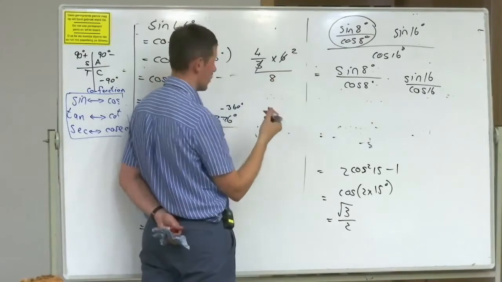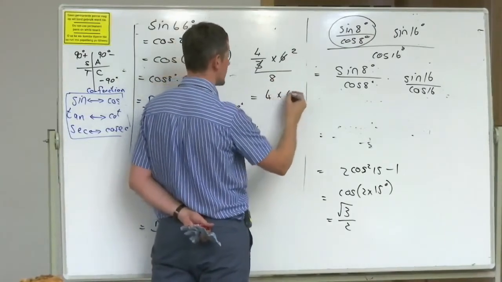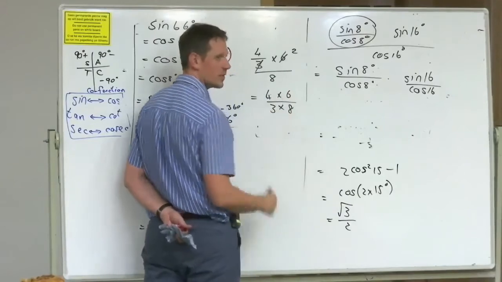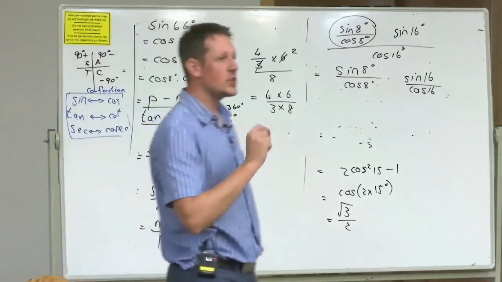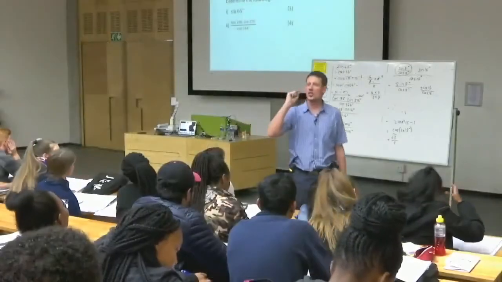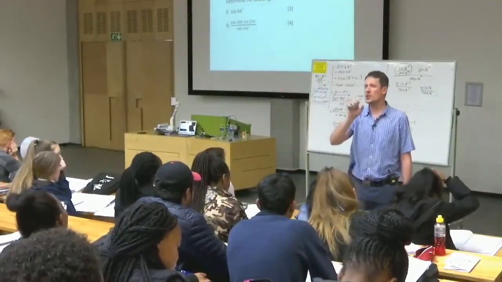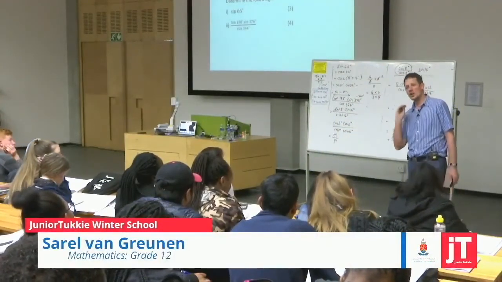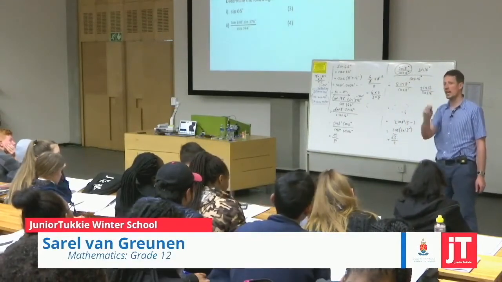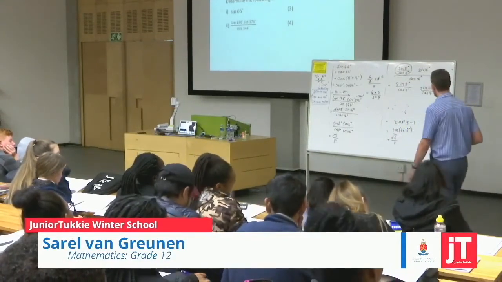Divided by 8 is 1. Okay, now what about 4 times 6 over 3 times 8? Drop the mic. What allows me to do this, sir, is there's only times and divides. If there was pluses and minuses, I'm not allowed to do that. But because there's only multiplication and division, I am allowed to do that.